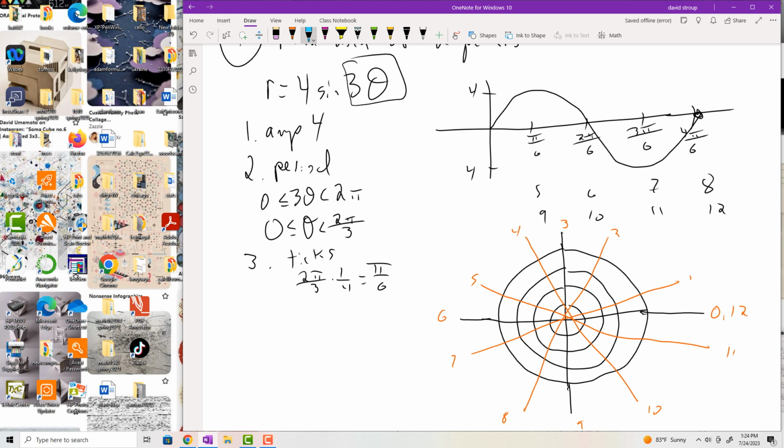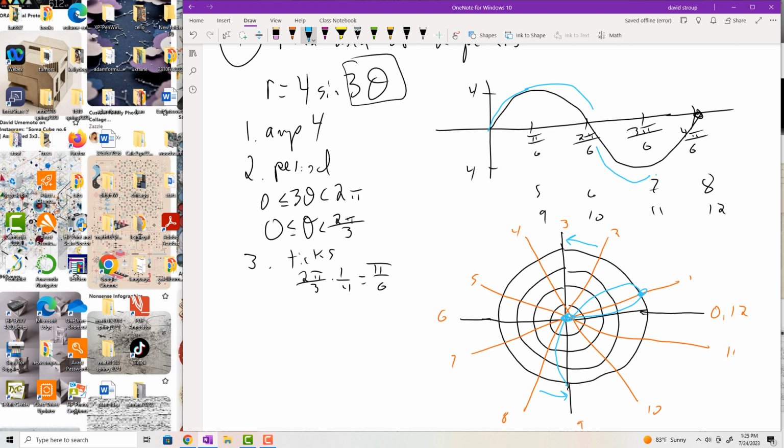So from 0 to pi over 6, it'll go from 0 to 4. So it's increasing from 0 all the way out to 4. And then from pi over 6 to 2 pi over 6, it'll decrease back to 0. And then from 2 pi over 6 to 3 pi over 6, now it's going to go negative. So 2 pi over 6 to 3 pi over 6 is this sector, but really we're on the negative side down here. So it's going to increase to -4 in that region.